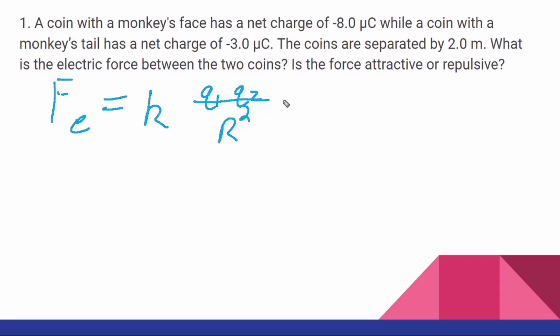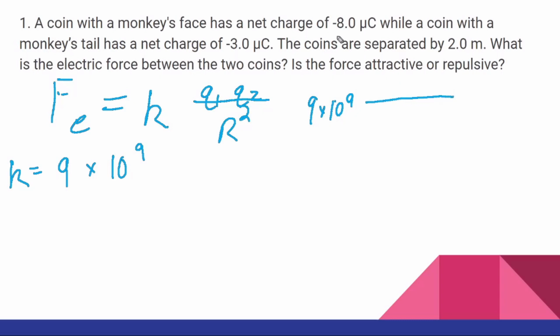Since we don't have to manipulate the equation in order to find the electric force, we can go ahead and plug in our information. We know that k in this instance is going to be 9 times 10 to the 9th. So we can do 9 times 10 to the 9th over here.